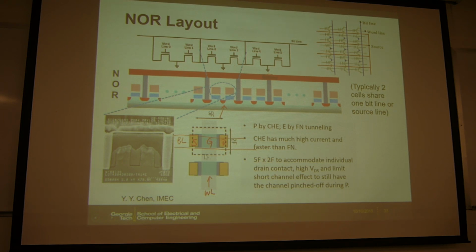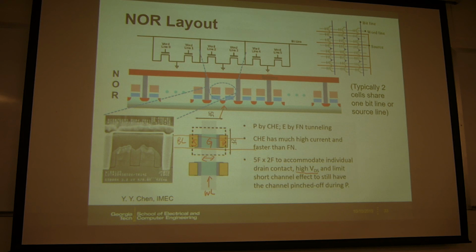So the only thing here is that along the source to the drain direction it is actually quite relaxed, at 5F. The reason is that the L is not minimal size. Here we have to sustain high VDS as we discussed earlier.